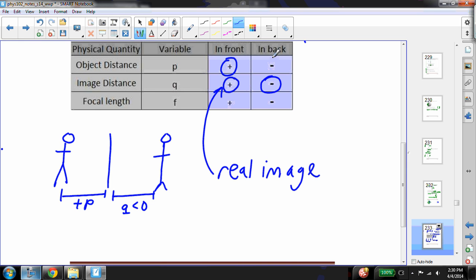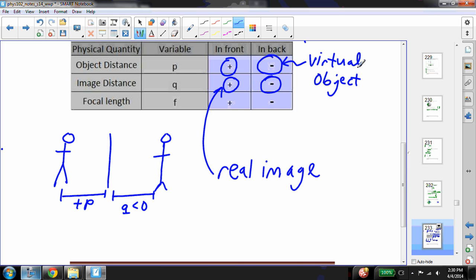Now, this is the tricky thing, and we'll see this a little bit later. If the object is behind the mirror, something we would call a virtual object, because you can't really stand behind a mirror. That doesn't really make any sense. It'd be like in that movie Poltergeist from the 80s. You know, walk into the light, walk into the light. You can look it up on YouTube if you want.